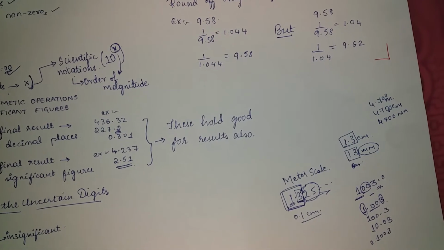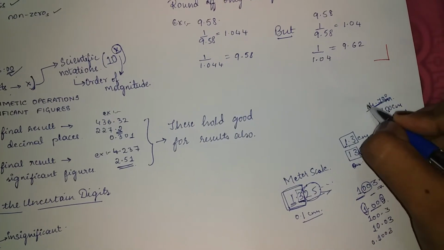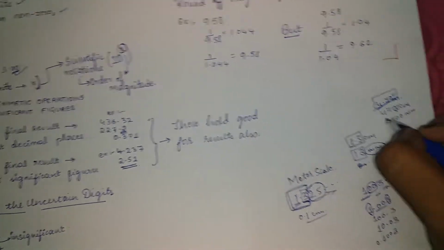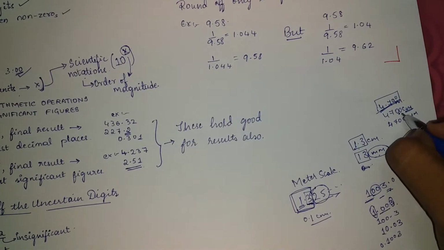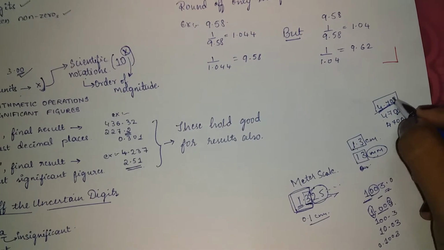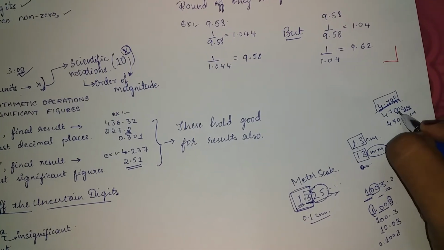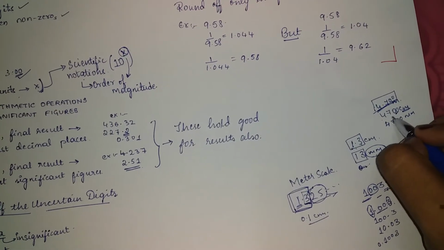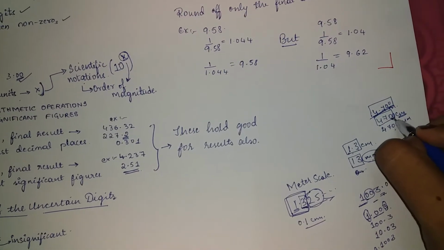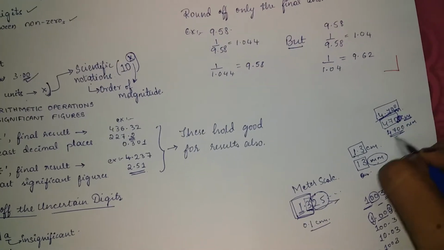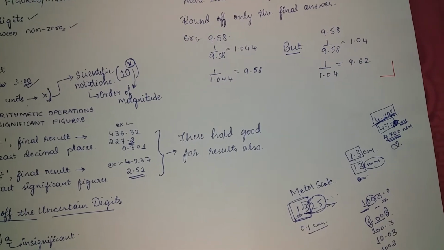If you can see, this has 4 significant numbers here, but here, because you have changed the unit, the number is remaining the same. But if you see, this will also have 4 significant numbers because after a decimal there is 1 zero, but here it is going to be only 2 significant figures because you have changed the unit.